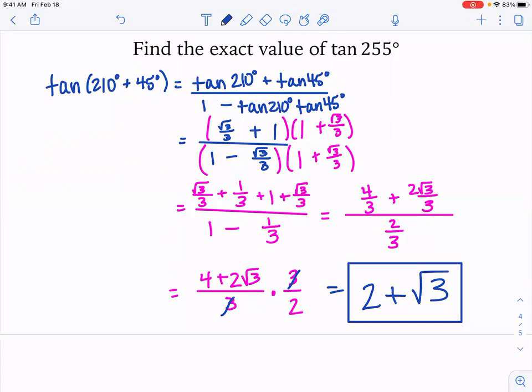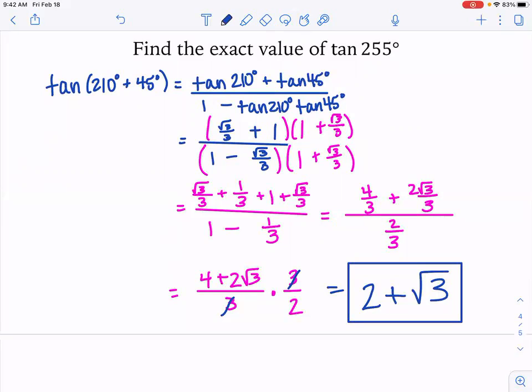Now, how many of you found it really annoying that we had all those fractions in a fraction? Okay. So I chose this one of our three because I knew it was going to be annoying. What's the tangent of 60 degrees? Just radical 3. Okay.